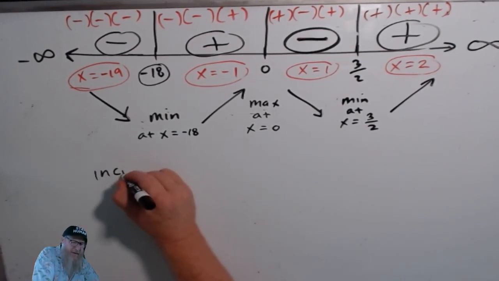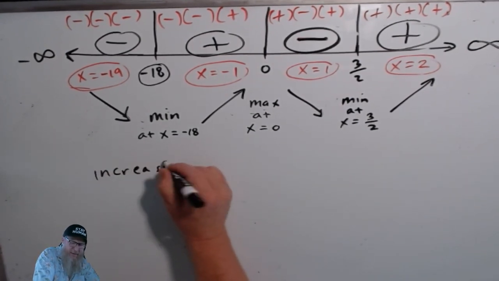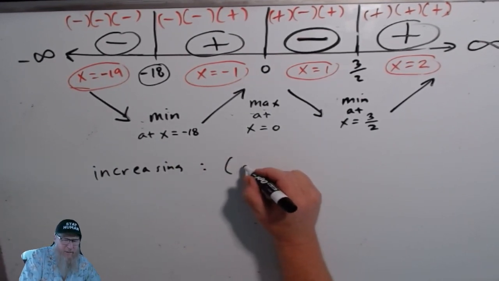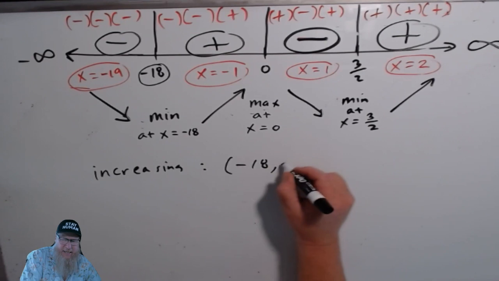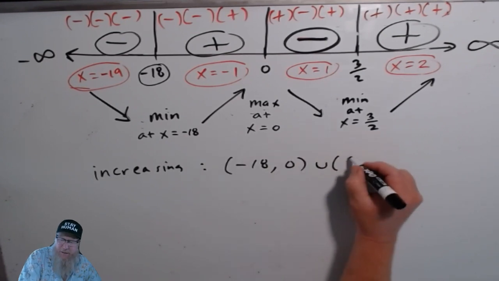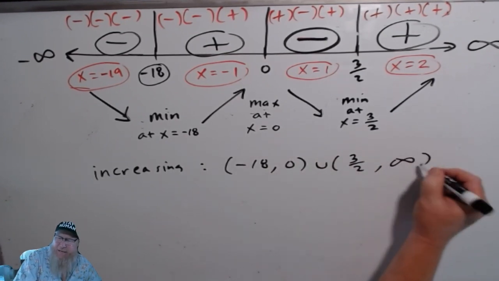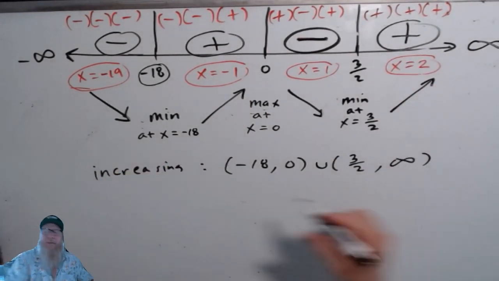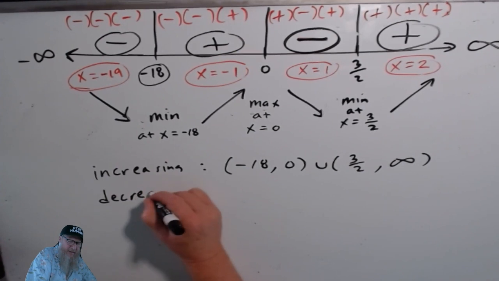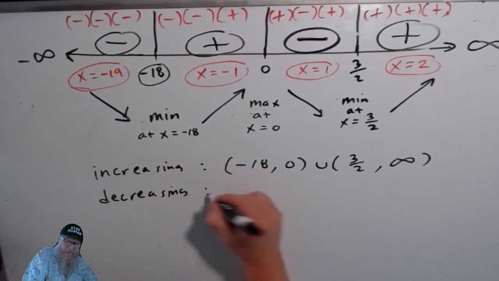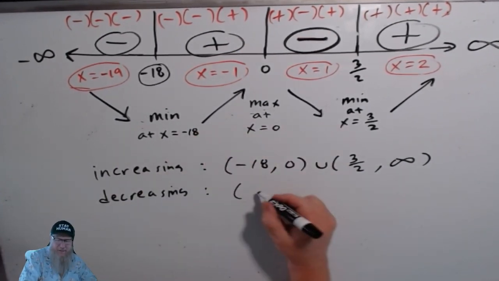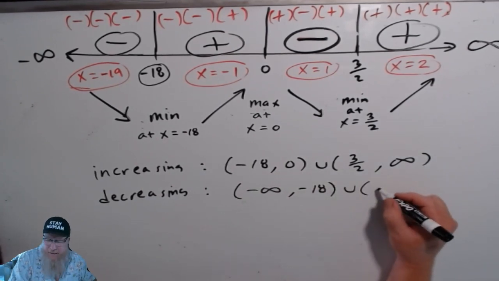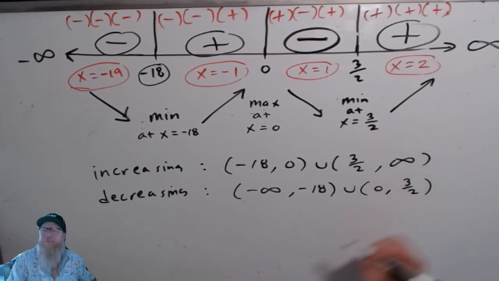So we have increasing: negative 18 to 0 union 3/2 to infinity. That's these two up. Decreasing, well, the opposite of that: negative infinity to negative 18 union 0 to 3/2.